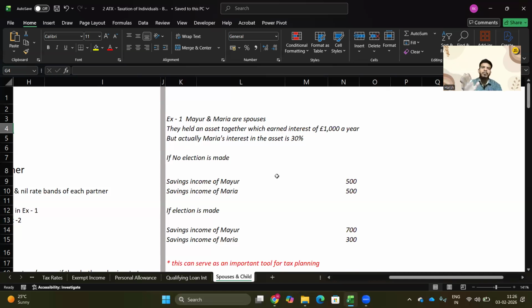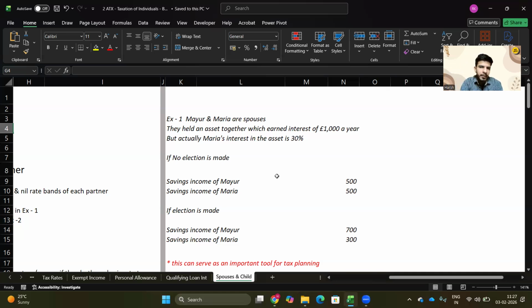If you do not have any election, any asset which you hold jointly with your partner would be split 50-50. So £500 of savings income with Mayur and £500 of savings income with Maria. You can make an election, though. Let's say Maria has an interest of 30% in that asset.